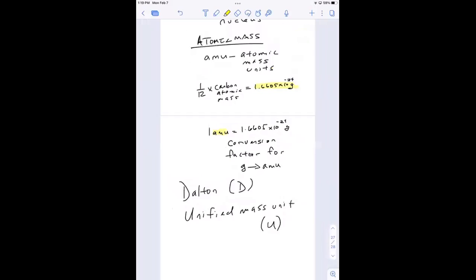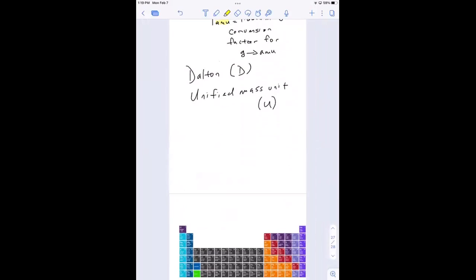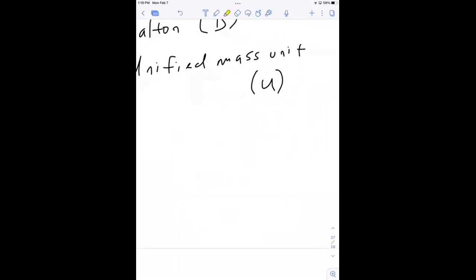So now let's talk about charge on atoms. All right. So an atom itself can be positive, it can be negative, right? Or it can be neutral.